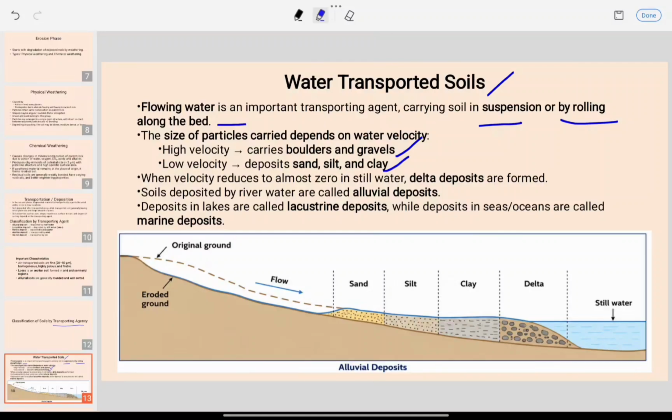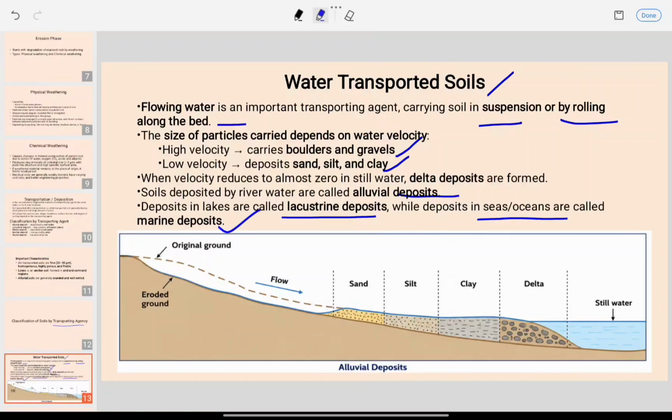When water becomes almost still, delta deposits are formed. The soil deposited by river water is called alluvial deposits, and similarly the soil deposited in lakes is called lacustrine deposits, and the type of soil deposited in sea or ocean is known as marine deposit.